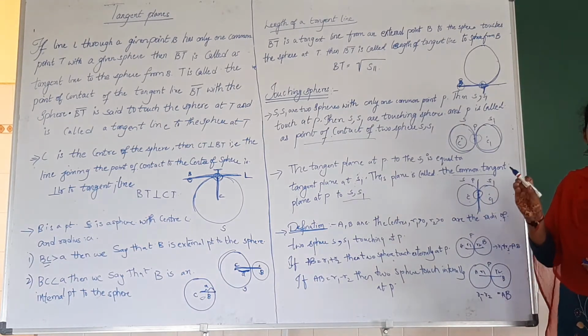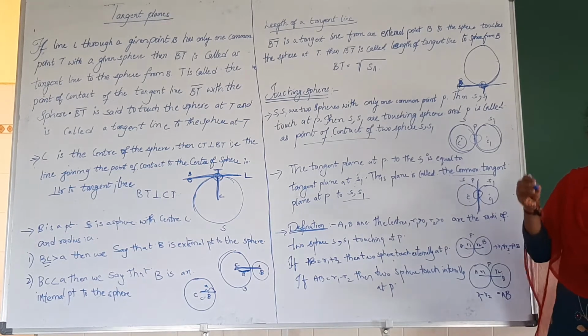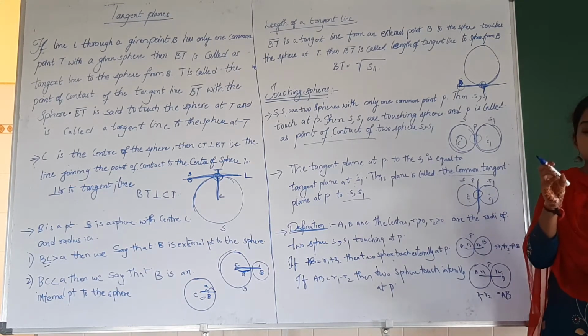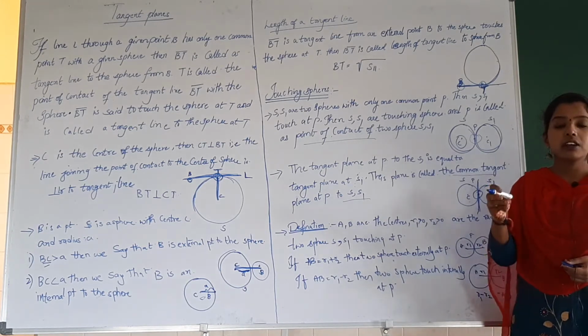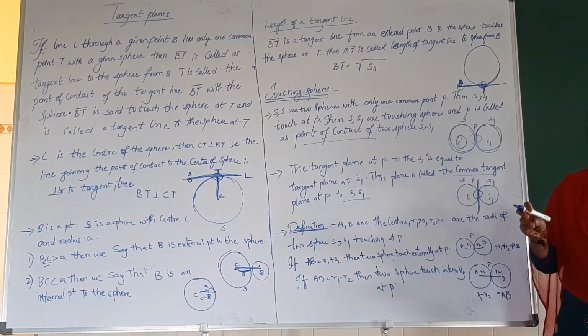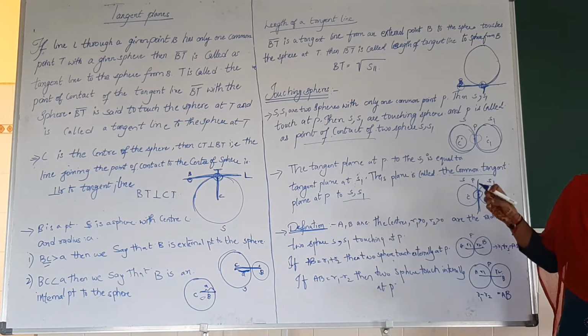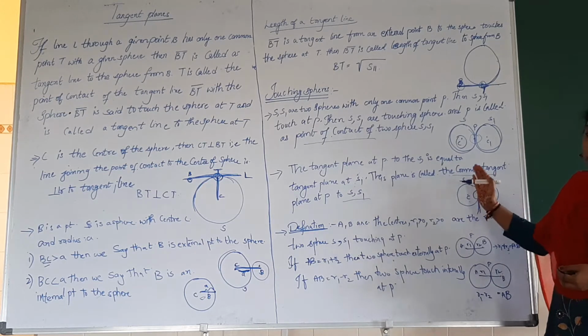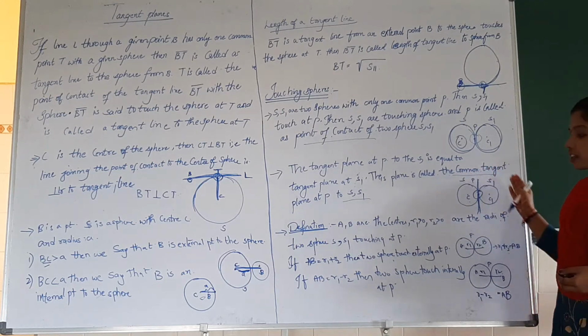If a line is passing through that point of contact, it is a common tangent to the two given spheres, that is S and S1.